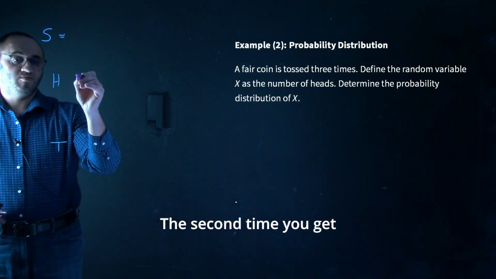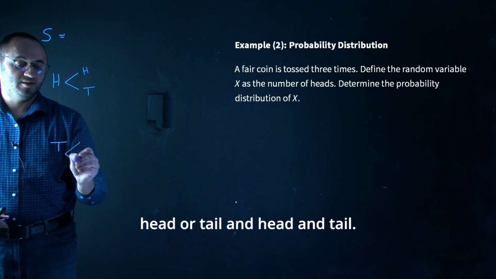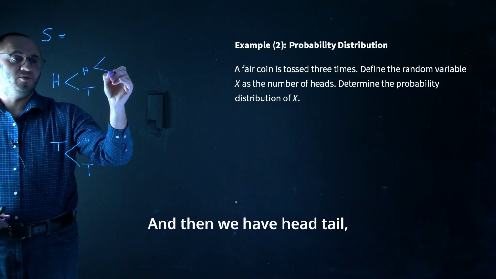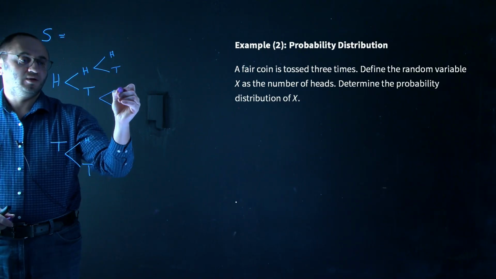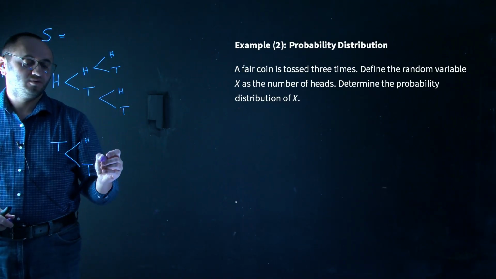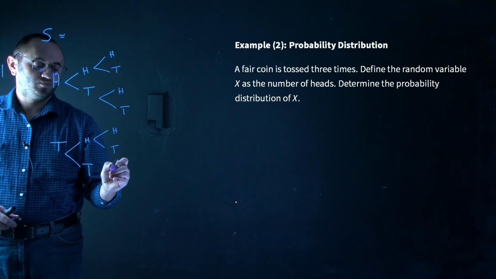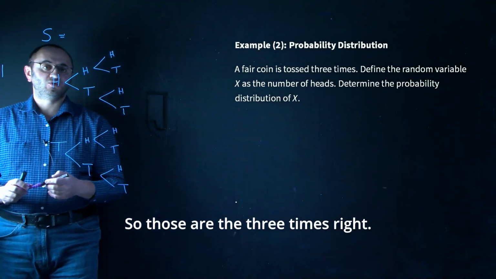The second time you get head or tail, and the third time head or tail. So those are the 3 tosses.